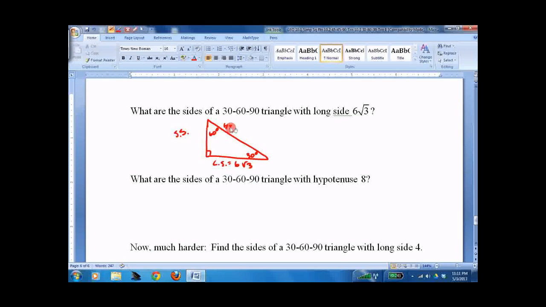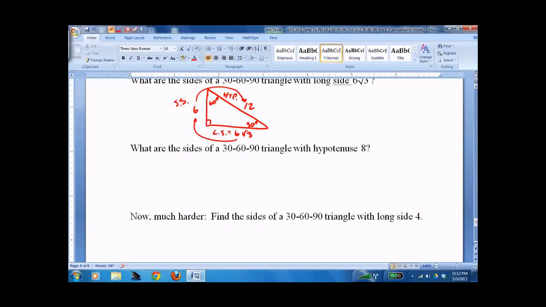And this is the hypotenuse. Recommend labeling it at all times. To go from short side to long side, we multiply by root 3. So here we divide. And to get the hypotenuse, we double. Done. So now we found all the sides. We solved the triangle without having to do any heavy-duty math. We just recognized our shortcuts and we just ran with it.